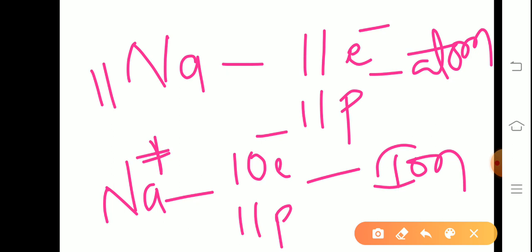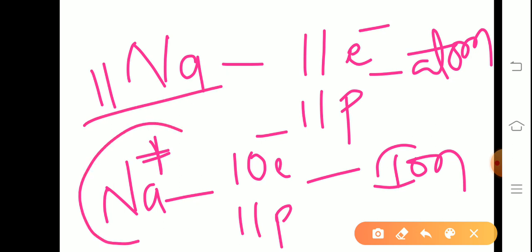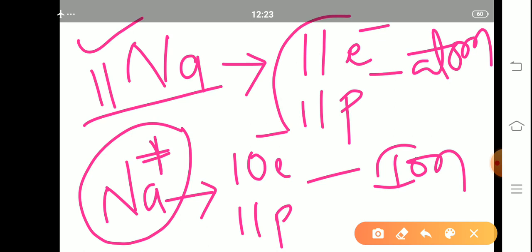Now, by looking at it, can you say which one is bigger in size, sodium atom or sodium ion? Tell me now.